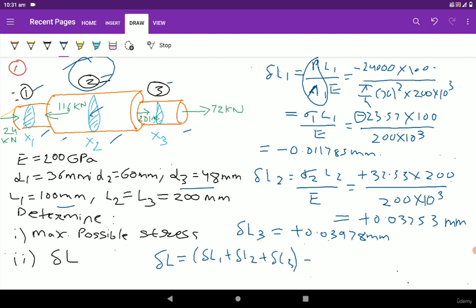So the change in length is minus 0.011785 plus 0.03253 plus 0.03978, which is equal to 0.060525 millimeter. So this is the final change in length of this component.